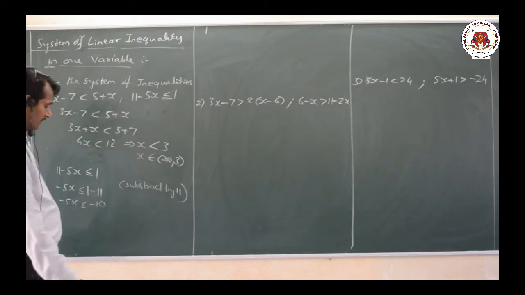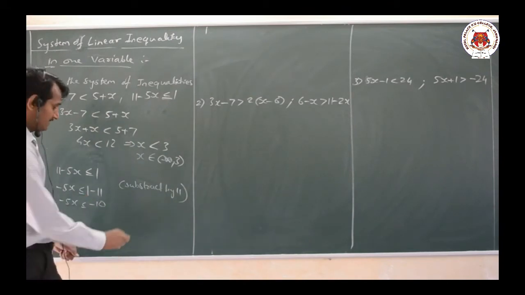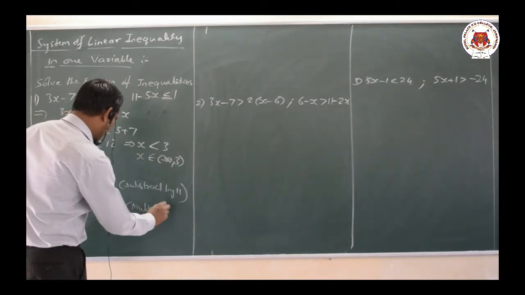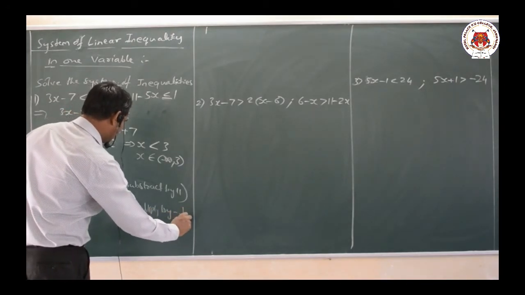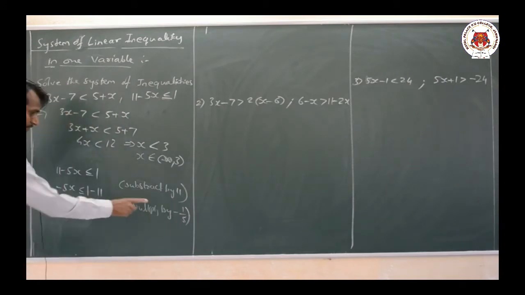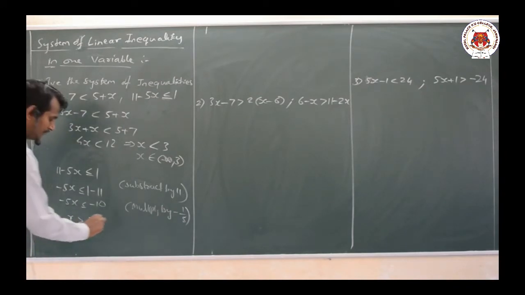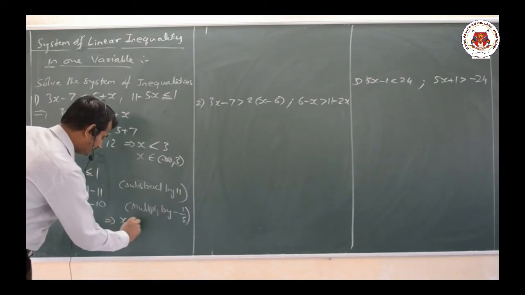Now what I will do is divide both sides by minus 5, that is multiply by minus 1 by 5 on both sides. If I am multiplying by a minus sign, what happens here is x is greater than or equal to 2. That implies the solution region is from where to where?